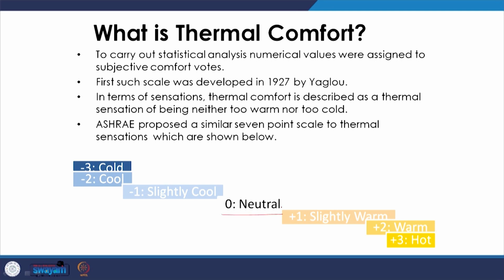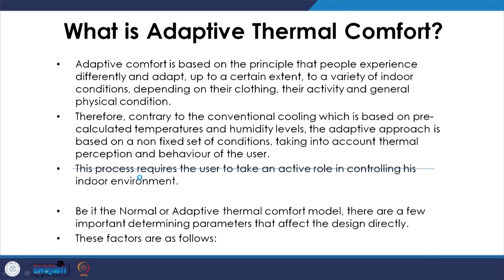Zero in almost all thermal comfort scales is taken to be neutral, which is the thermally comfortable state. The first attempt was not a 7-point scale like the one we use today, which was proposed by ASHRAE, from -3, which is extremely cold, to +3, which is extremely hot, and -1 to +1 is a relatively comfortable state.